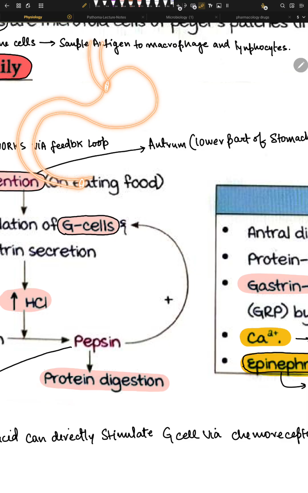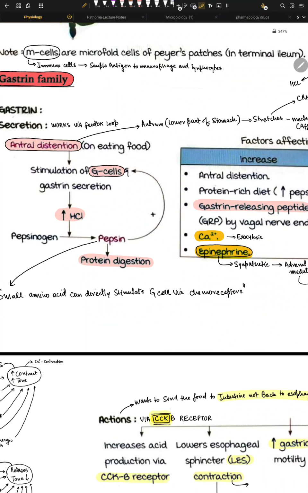This is the LES, that is the lower esophageal sphincter. This is my duodenal sphincter. This is my pyloric part, the pylorus of the stomach. This part is the antrum, and this is my body. This is my fundus, and this is my cardia. So I hope you guys can remember it from now.